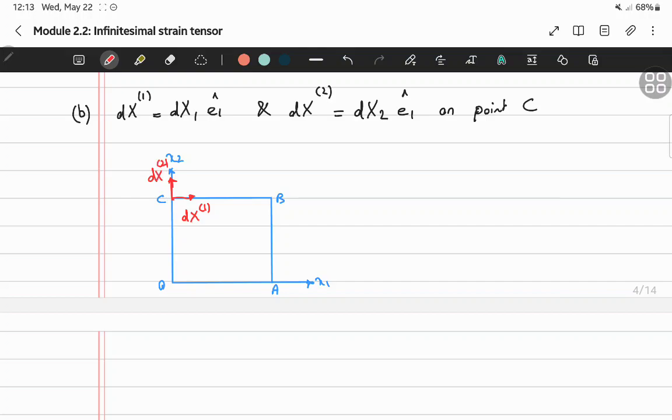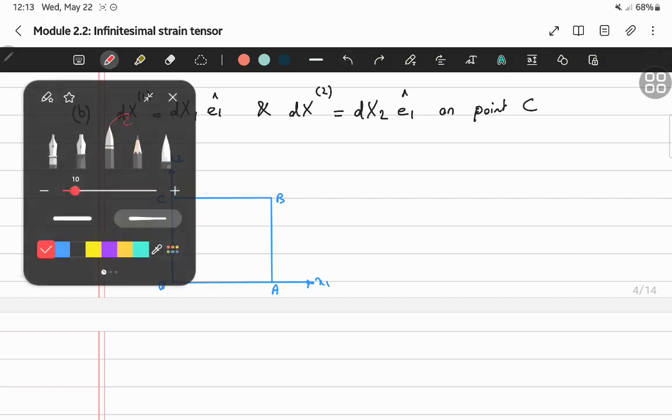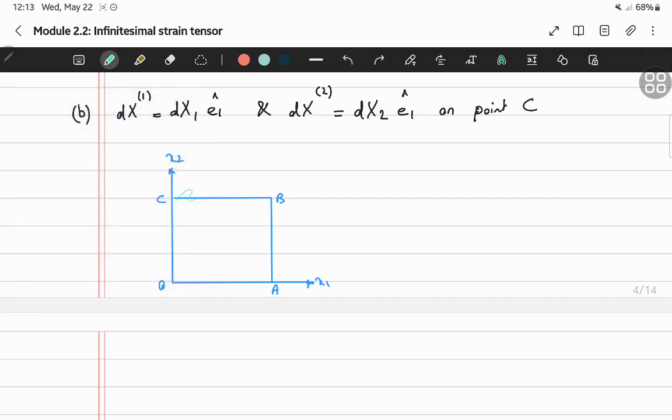But suppose that these are not given to you. So what you do normally is you assume an infinite number of vectors here on point C, on point B, or wherever you have, and then you name them dx1, dx2, and dx3, and so on.